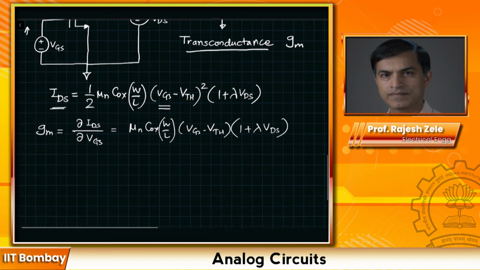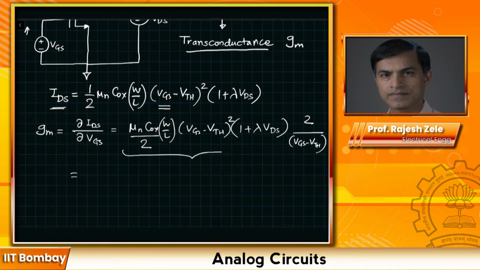Now we can take a next step where I multiply this expression by the reciprocal of VGS minus VTH, then make a square here, divide by 2 and multiply by 2. The same expression, and quickly you can figure out that this is nothing but 2 IDS divided by VGS minus VTH of the device. So this is our first expression for the GM of the MOSFET transistor.